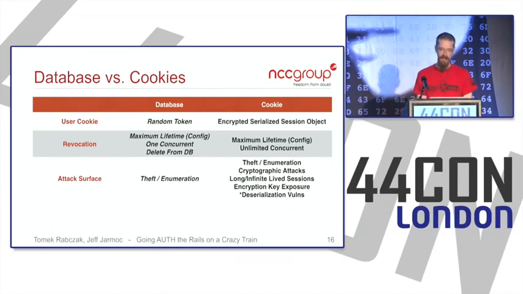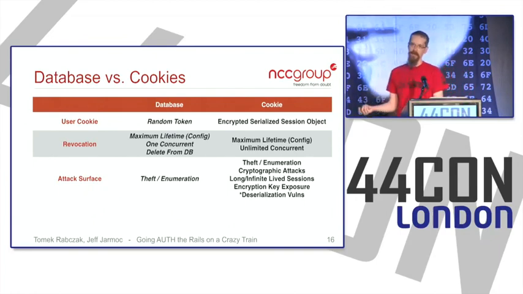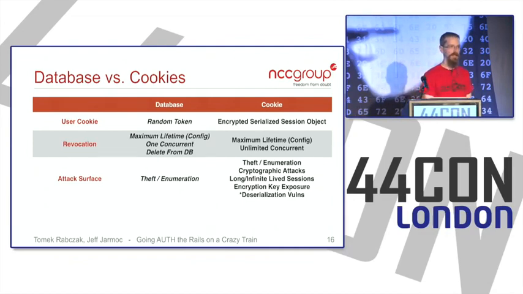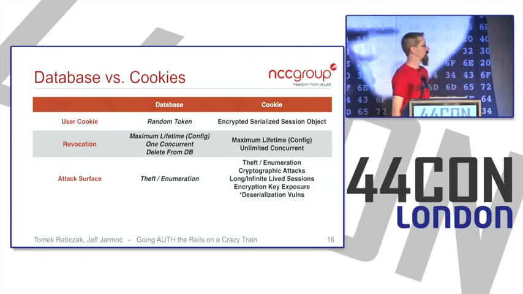On cookie sessions, you've got a lot more options. You've still got that enumeration, but you also have the possibility, at least, of cryptographic attacks. To be clear, I'm not really aware of any cryptographic attacks that are viable against current Rails, but it's definitely an attack surface that's exposed that isn't in database sessions. You've got likelihood of long and infinite-lived sessions because your session tokens are more likely to be the same on subsequent visits.